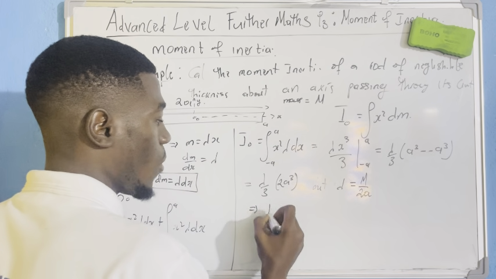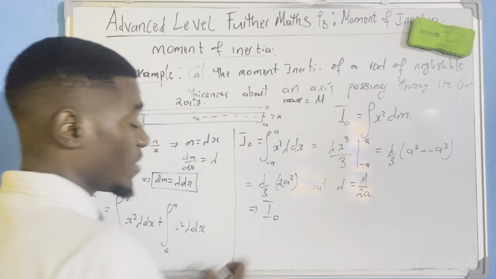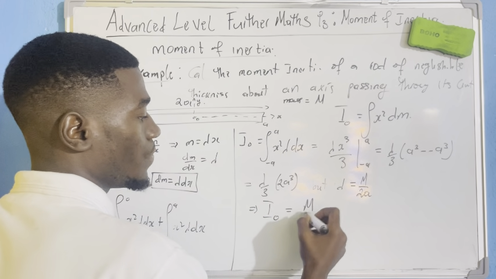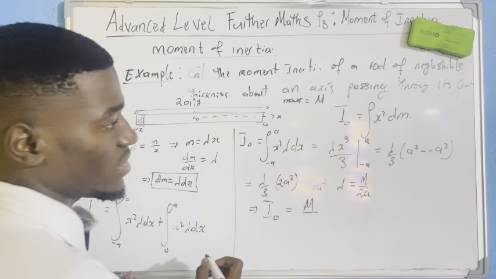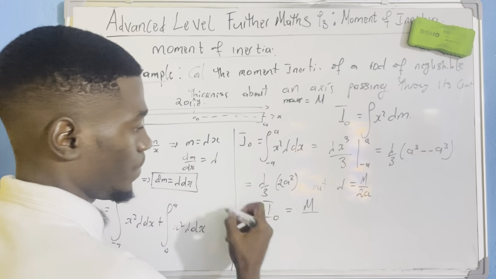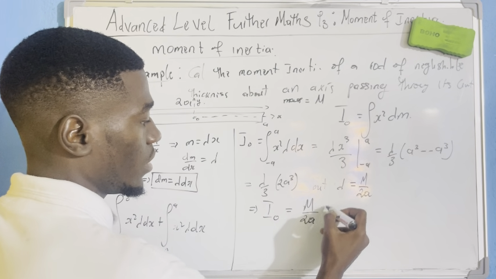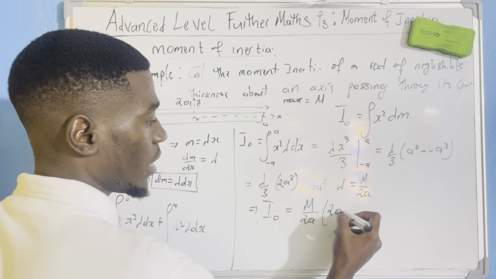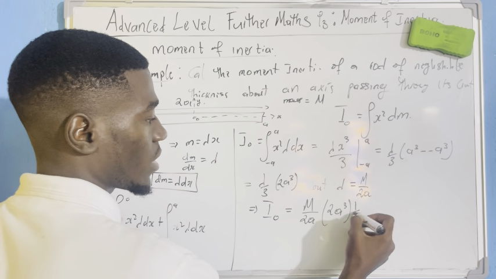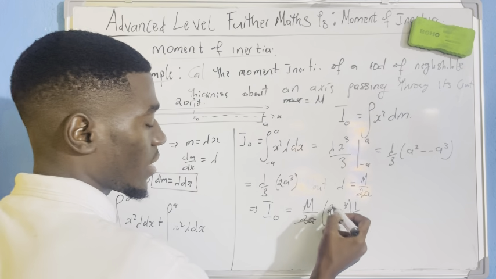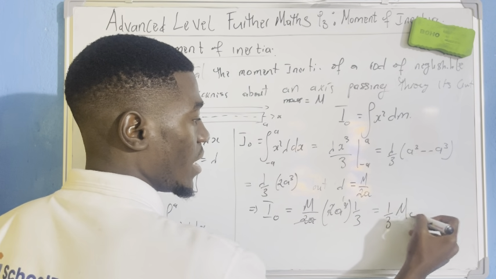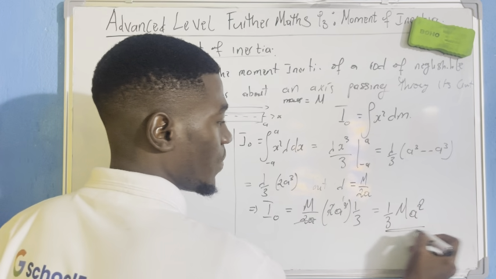So this implies the moment of inertia of the rod about its center is simply equal to big M all over 2a times 2a cubed. Pardon, there was 1/3 here. So 2a cancels here, and I will have 1/3 Ma squared. As simple as that.